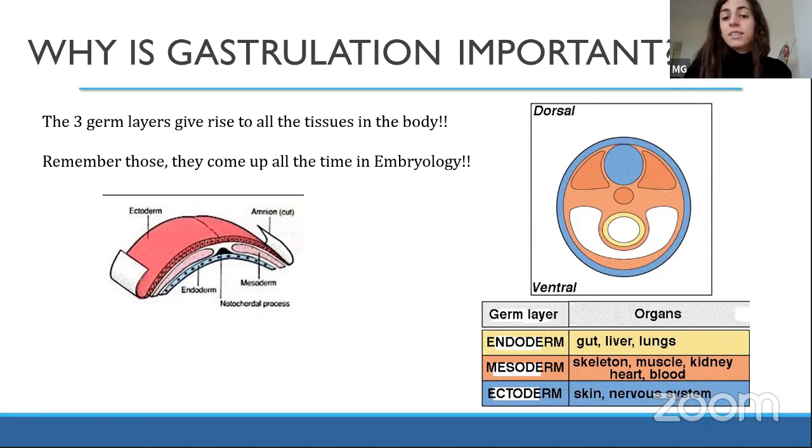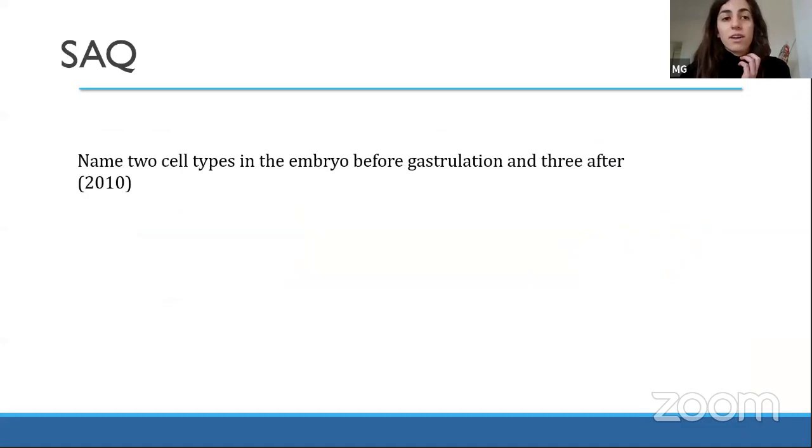Okay, so we're going to have, I think, oh yes, a short answer question. So please, if you want to type me a message, try to do a private message so that only I can see your answer. Tell me what are the 2 cell types before gastrulation and 3 cell types after gastrulation. So it'll be like quick fire questions. 2 cells before, 3 cells after.